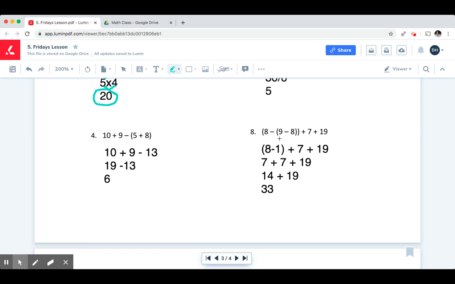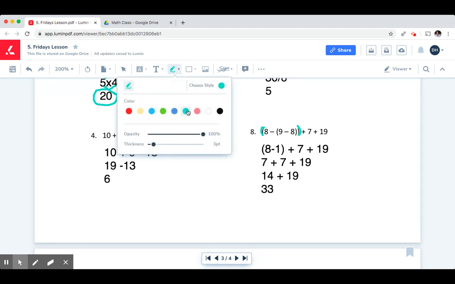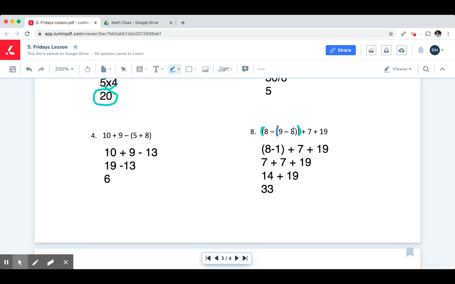P-O-P. POP. For number 8, we're going to go ahead and do it together. Again, in number 8, we have a nested parentheses. So whenever I have a nested parentheses, I solve the smaller group of parentheses inside first. 9 minus 8 is 1, and I copy everything else exactly as it is written.